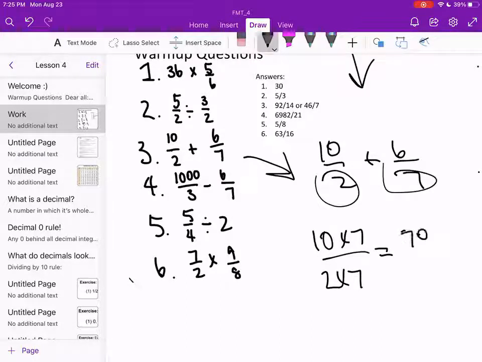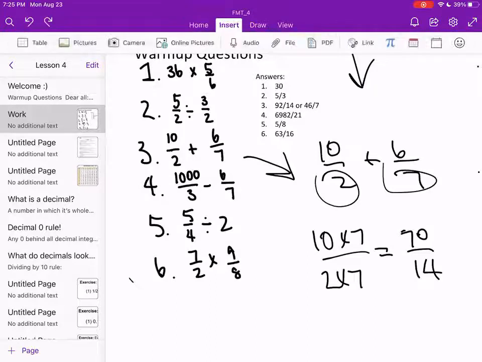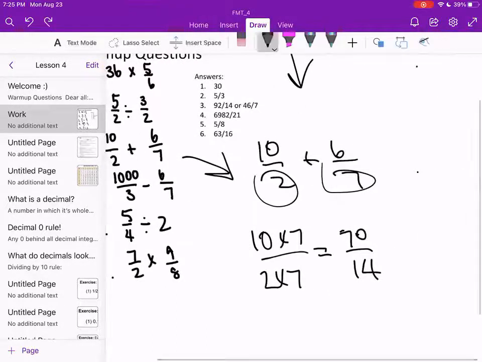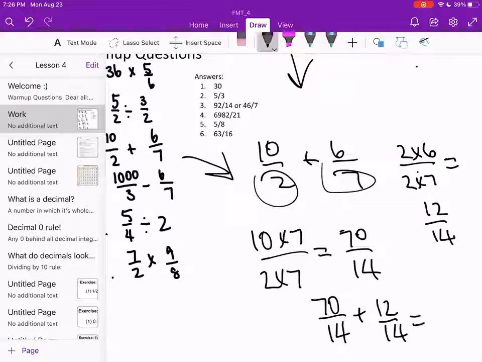I'll get 70 over 14. And then we'll do it the same on the other side, except we'll multiply by 2. So then this side ends up with 14 as the denominator as well, right? So we do 2 times 6 over 2 times 7, and we get 12 over 14. So now we have 70 over 14 plus 12 over 14.